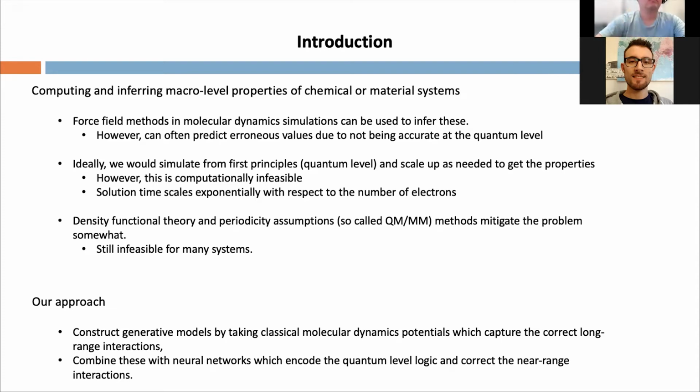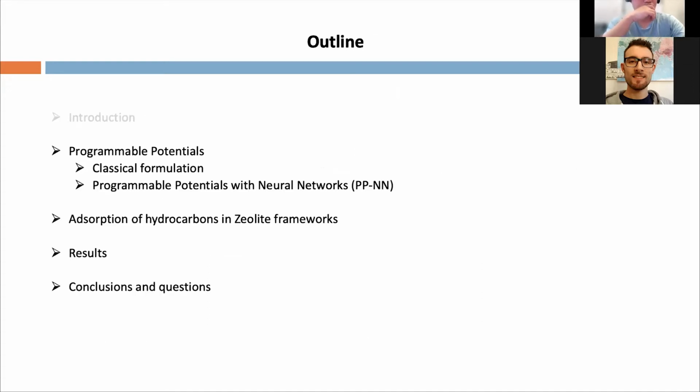So our approach to this is to construct a generative model by taking classical MD potentials such as Lennard-Jones, which capture the long range interactions accurately, and then combine these with neural networks, which encode the quantum level logic and correct the near range interactions.